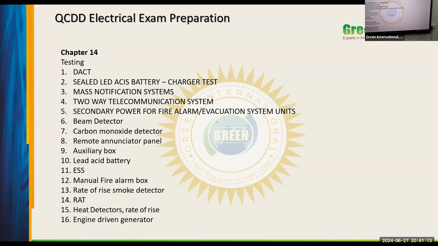In chapter number 3, lead acid, VRLA battery and chargers, that is the lead acid battery charger test.